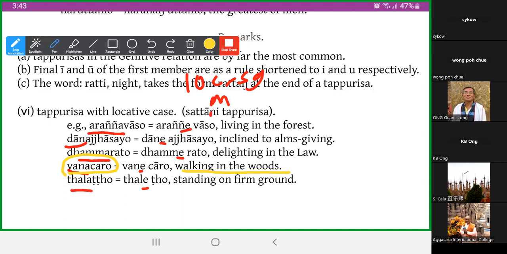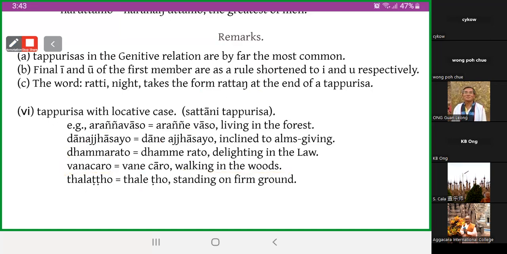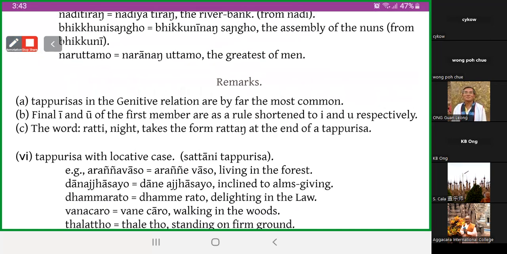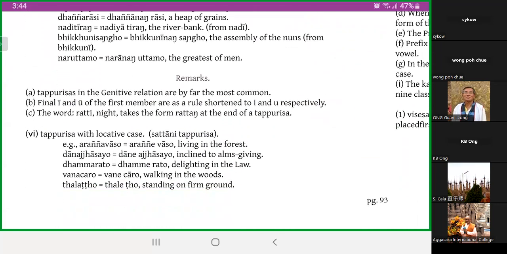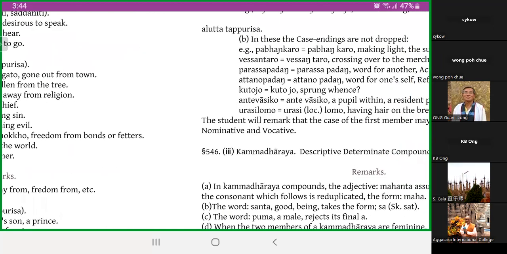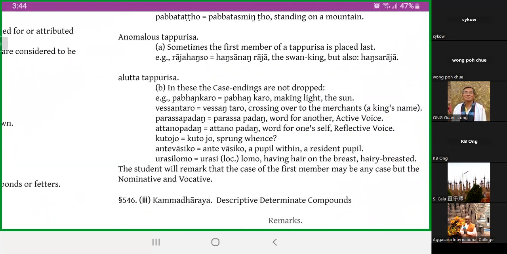So this means that when you combine two words together, it becomes another thing, like the padapo just now, it has another meaning. So this one means a forester or somebody else. Sometimes you can find lots of Pali names, and some people have different types of Pali names. In this case you can utilize your Pali knowledge: is theirs Tappurisa, or Tappurisa in genitive case, locative case, and so on, right? Okay, now we have some more. This is the last one.